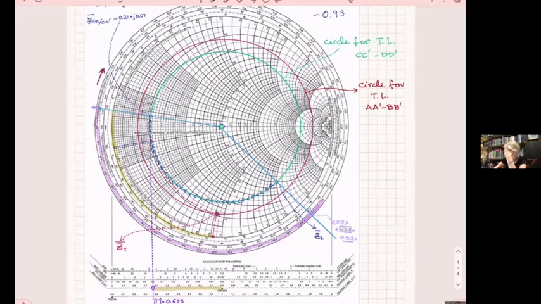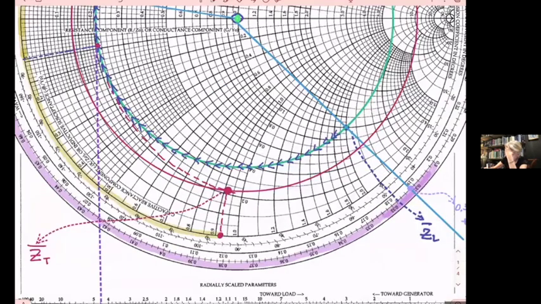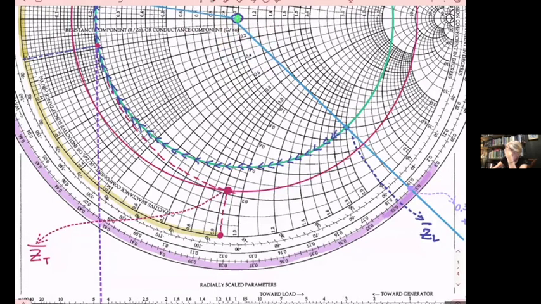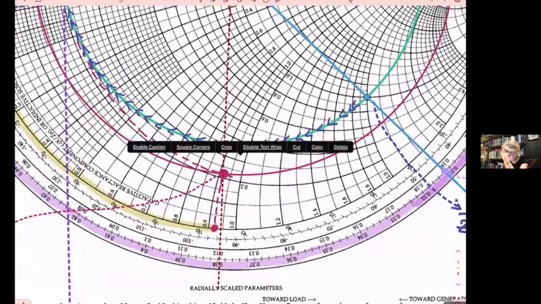Where am I right now? In terms of distance on the line, I have to connect the center of the Smith chart with this and come here on the outer rim and read this value.